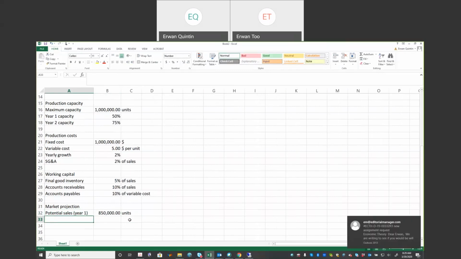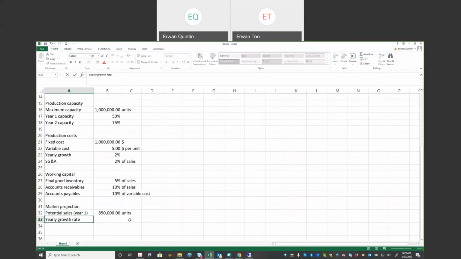Those potential sales are going to grow from year to year. The yearly growth rate of those potential sales is going to be 4% according to the case.